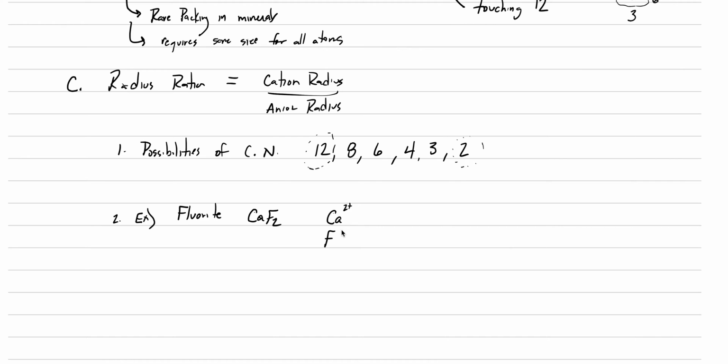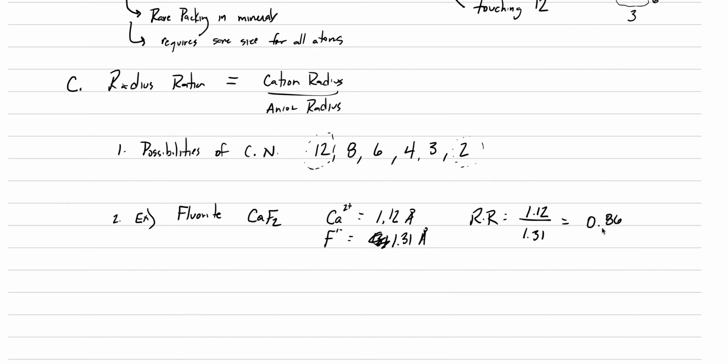The atomic radius of calcium is 1.12 angstroms, and for fluorine it is 1.31 angstroms. So our radius ratio equals the cation, 1.12, divided by 1.31, which gives us an answer of 0.86.